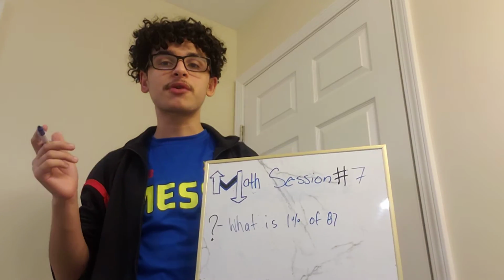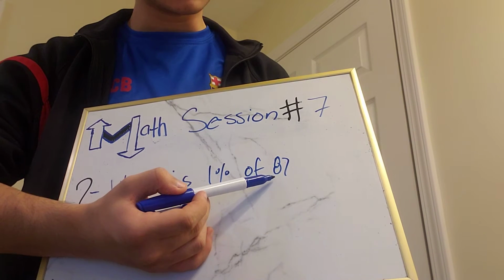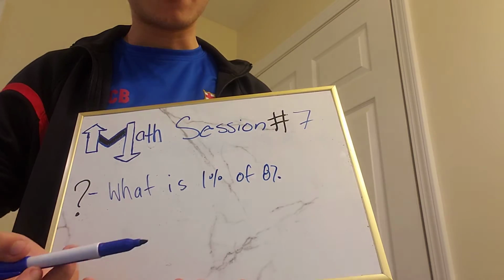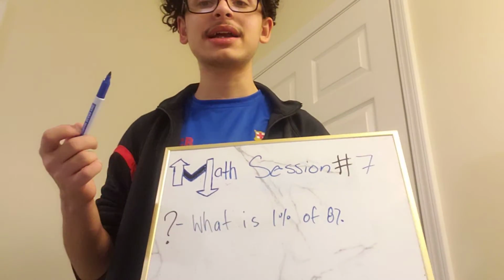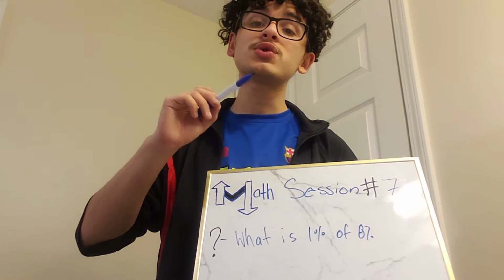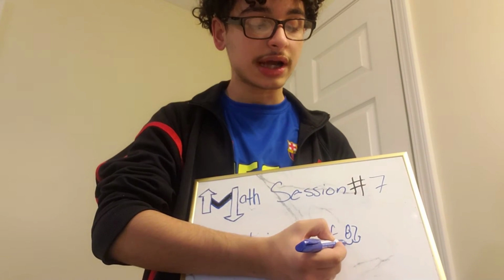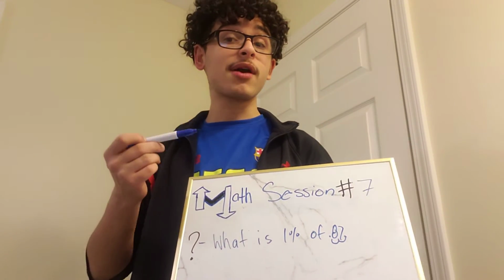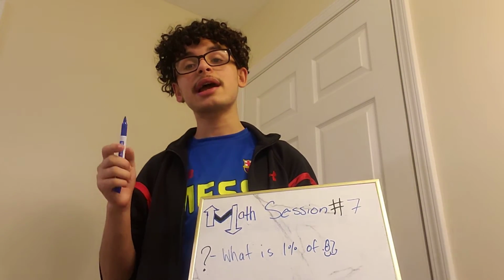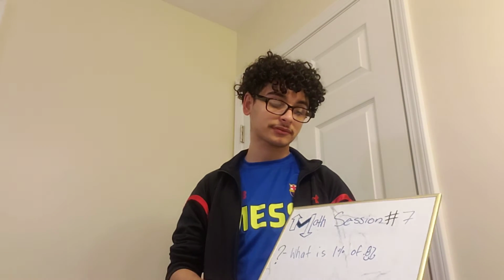So if we want to know 1%, we see that 87 takes up the places of the tens and the ones, so it is implied that the decimal point is right here. If we're trying to find something out of 100, we would shift the decimal 2 times. So it would equal 0.87, which is 1% of 87. So again, 1% of 87 is 0.87.